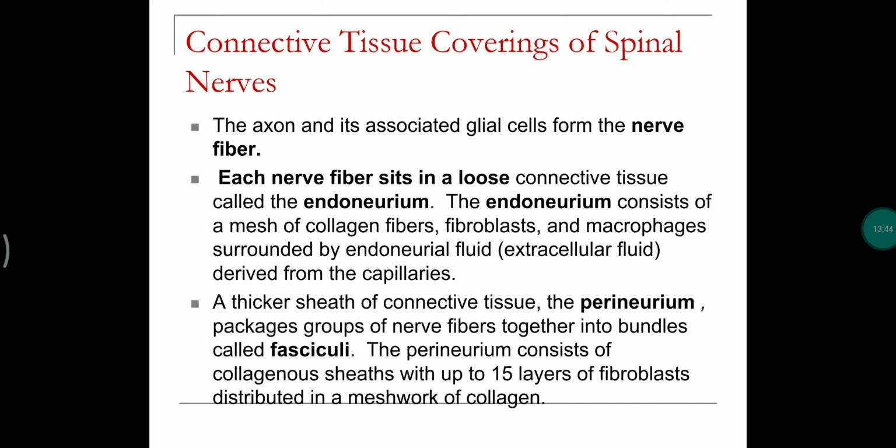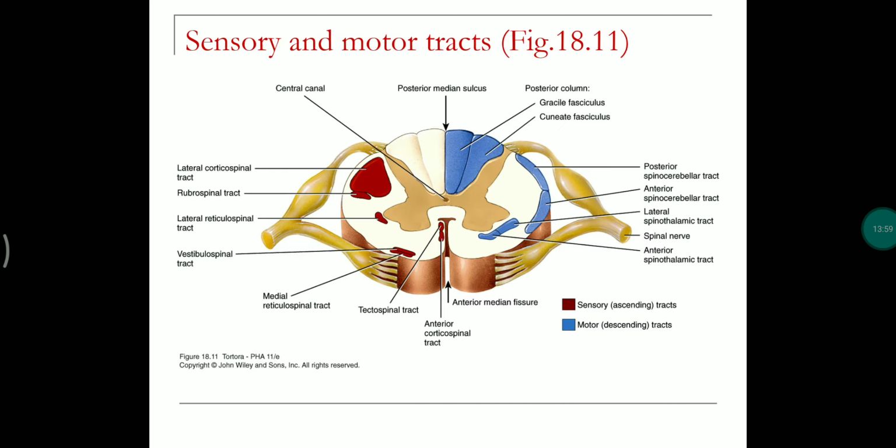Likewise here, nerve fibers form fasciculi, and the layer is called perineurium, which consists of almost 15 layers of fibroblasts, which form the collagenous sheets around the spinal nerves.